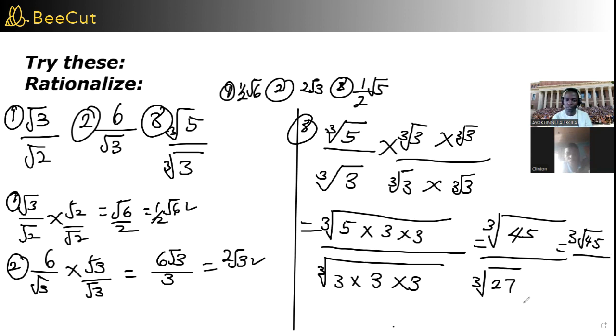What is cube root of 27? 3. Very good. You can see now, right?